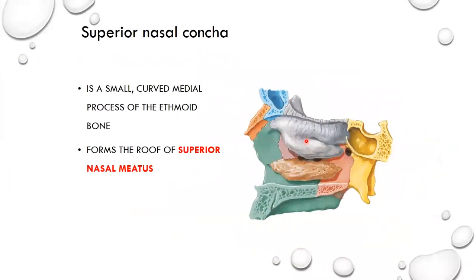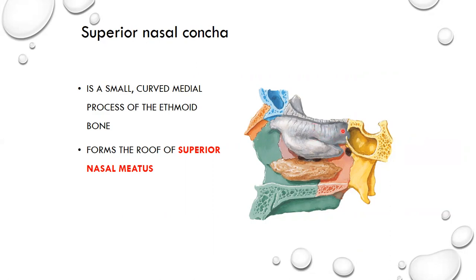Okay, the superior nasal concha is this. It is a small curved medial process of the ethmoid bone. So remember, the superior nasal concha is formed by the medial process of the ethmoid bone.